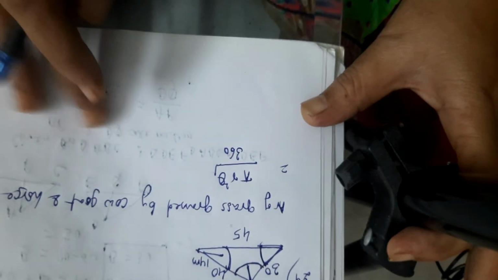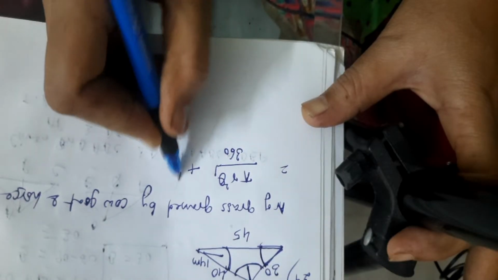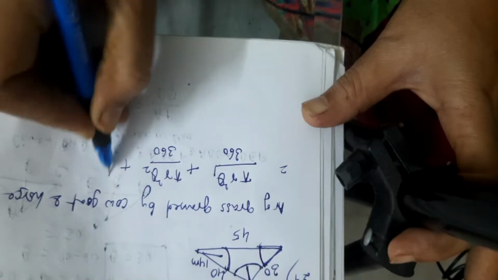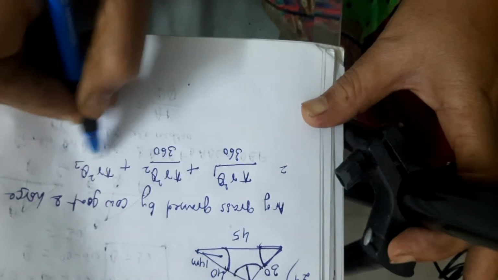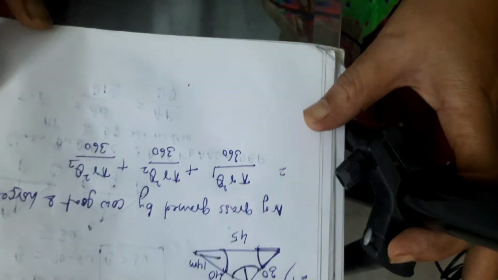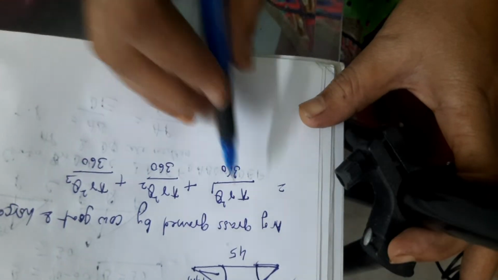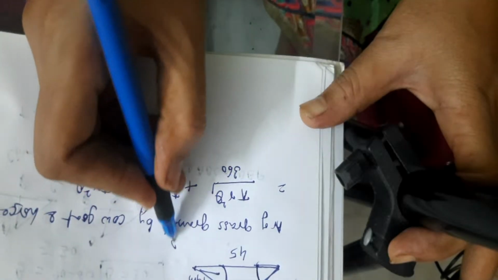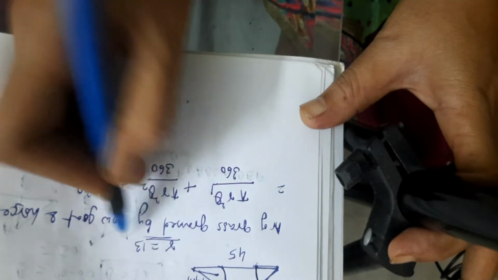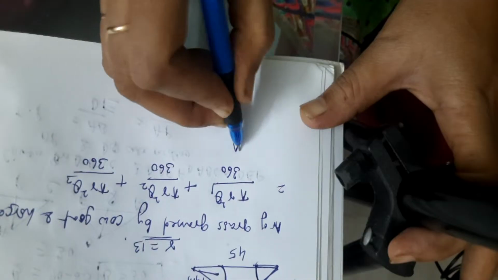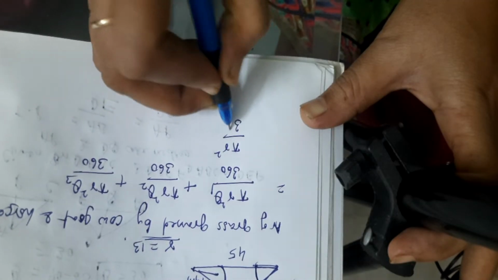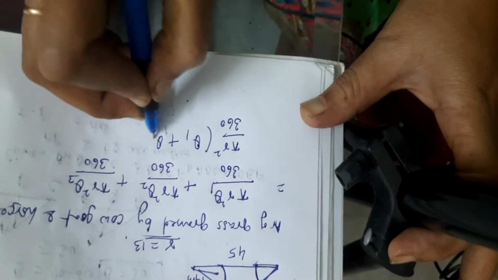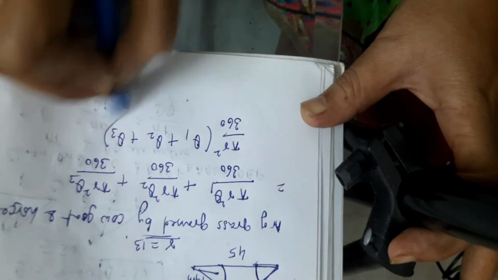Pi r square theta 1 by 360, pi r square theta 2 by 360 and again pi r square theta 3 by 360. Here we have common pi r square as they are tied by the thread of 14, so radius is 14 here. Now pi r square upon 360 can be taken common, so we are left with theta 1, theta 2, theta 3.